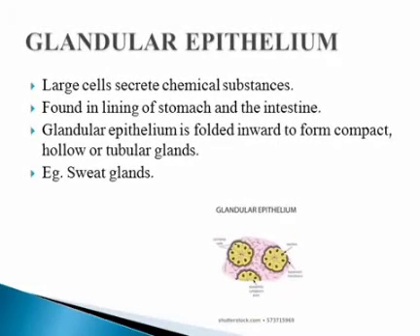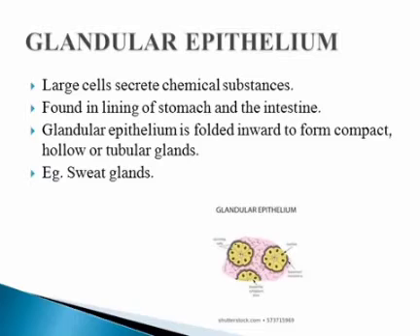Next we are going to see glandular epithelium. This glandular epithelium is also a kind of columnar epithelium. It contains large cells involved in secreting chemical substances. These cells are found in the lining of the stomach and the intestine.